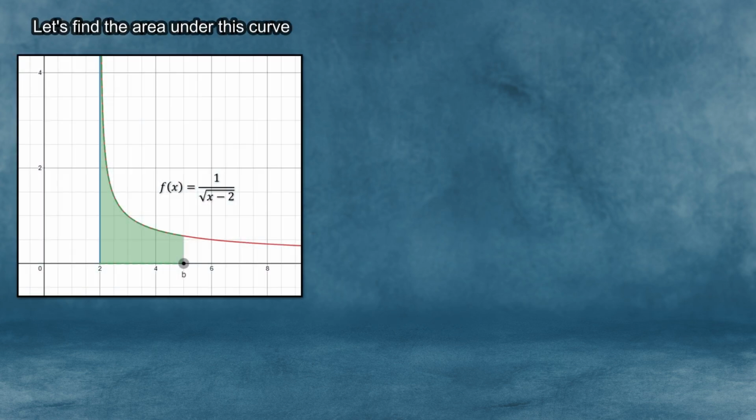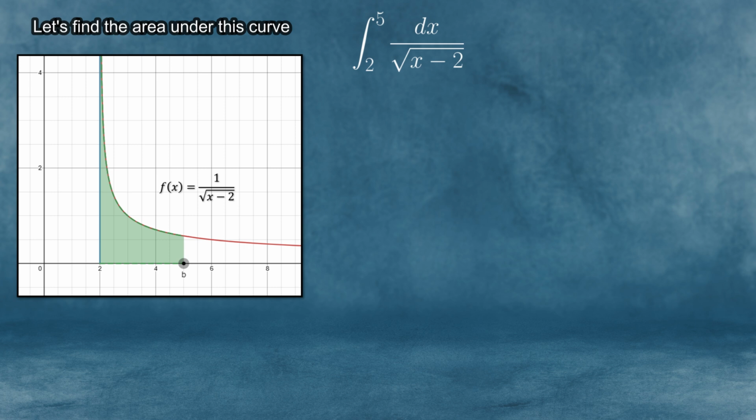Now, let us try to compute the area enclosed by the vertical lines x equals 2, x equals 5, and the function f of x equals 1 over the square root of x minus 2. For computing this area, we need to do the integral from 2 to 5 of dx over the square root of x minus 2.